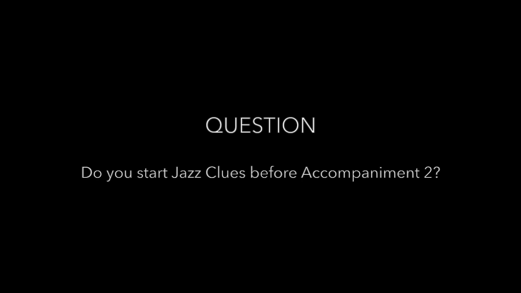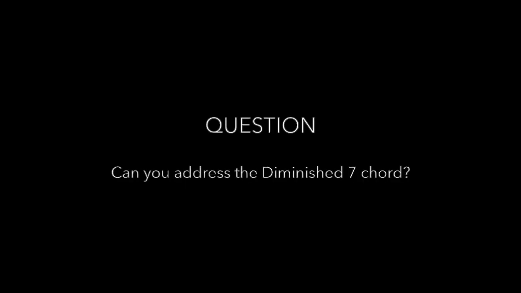Did you want to address, because I don't know if other people have encountered it, the diminished 7 that we encounter in the jazz program? Yeah, for a diminished 7 chord, you can think of it as stacking up the 1, 3, 5, and 7 of a dominant 7 chord, and then flatting the 3, the 5, and the 7.